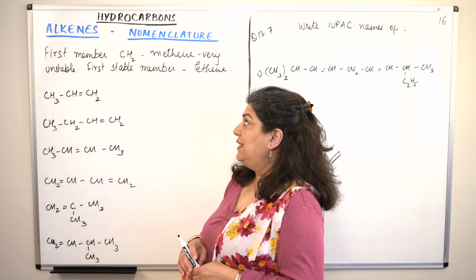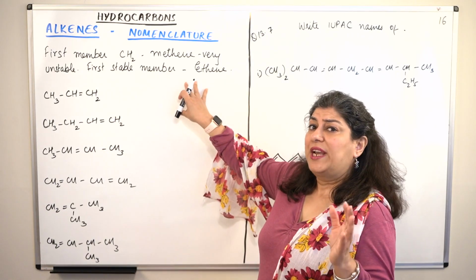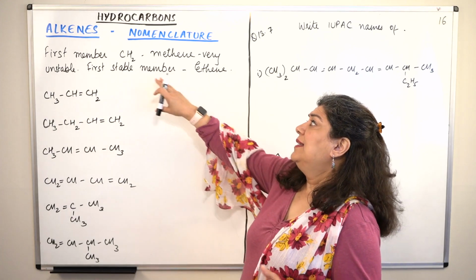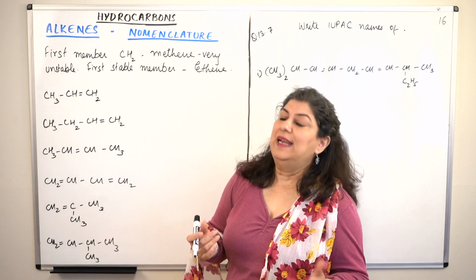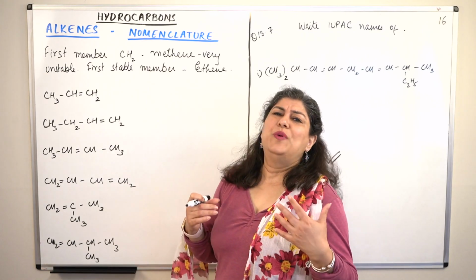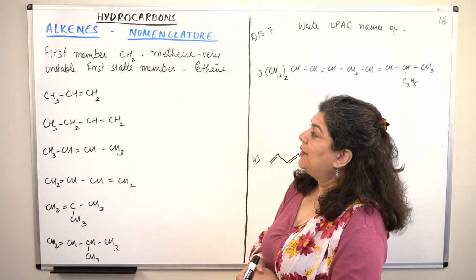So the first stable member is actually ethene, though technically we may say that CH2, that is methene, is also an alkene, but it's very unstable, almost non-existent as an individual.